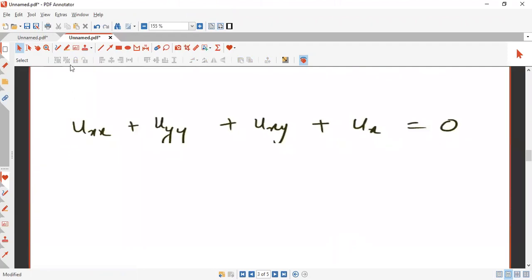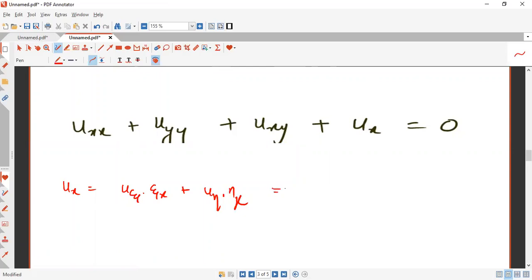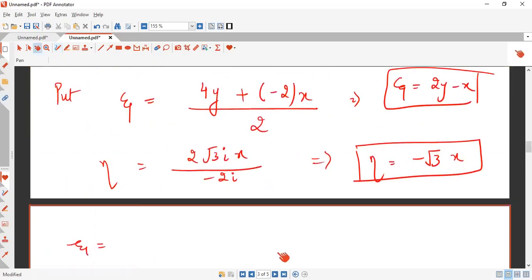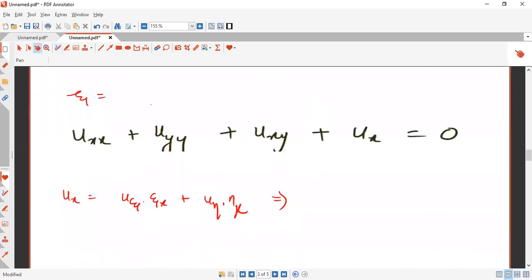First we'll do ux. Ux was u xi x plus u eta x. Xi x is what? 2y minus x, and eta is minus root 3 x.